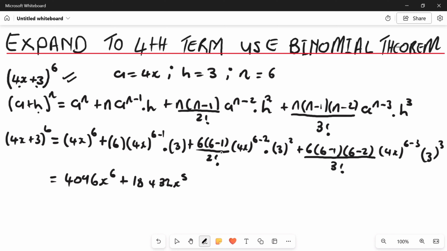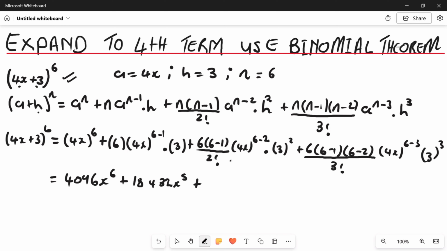Now our third term is going to be 6 multiplied by 6 minus 1 divided by 2 factorial multiplied by 4x to the power of 6 minus 2 multiplied by 3 to the power of 2. So this also, the third term, is going to be positive.